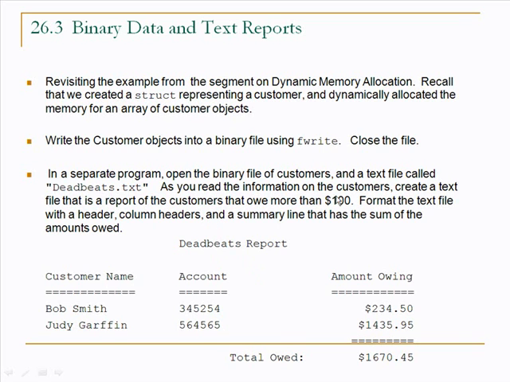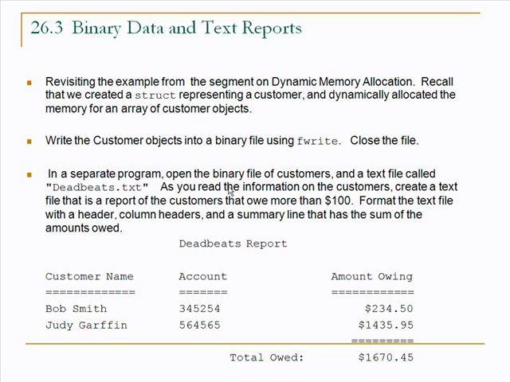So the deadbeats report is the report of people who are in our customers file who owe us more than $100. And this should be kind of familiar from the segment we did on dynamic memory allocation. There was a function in there where we looked at all of the customers and printed out the ones that owed us a lot of money.